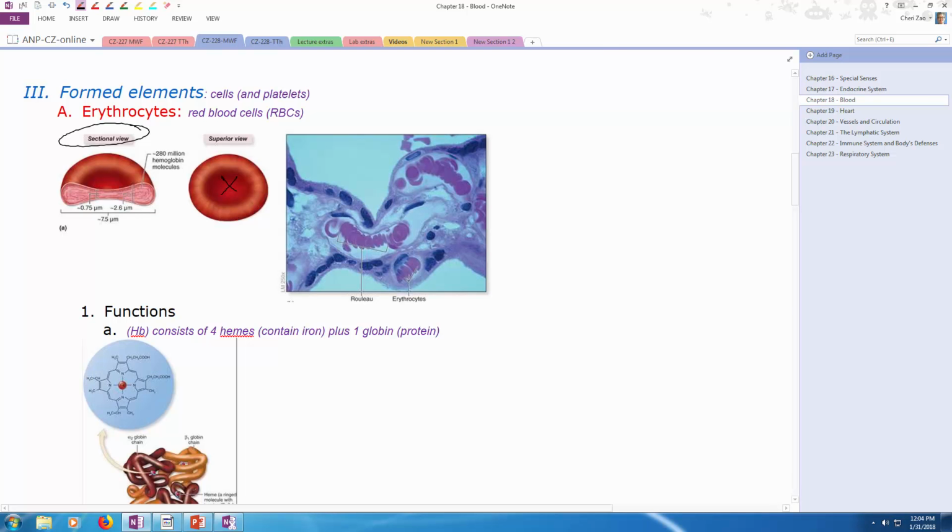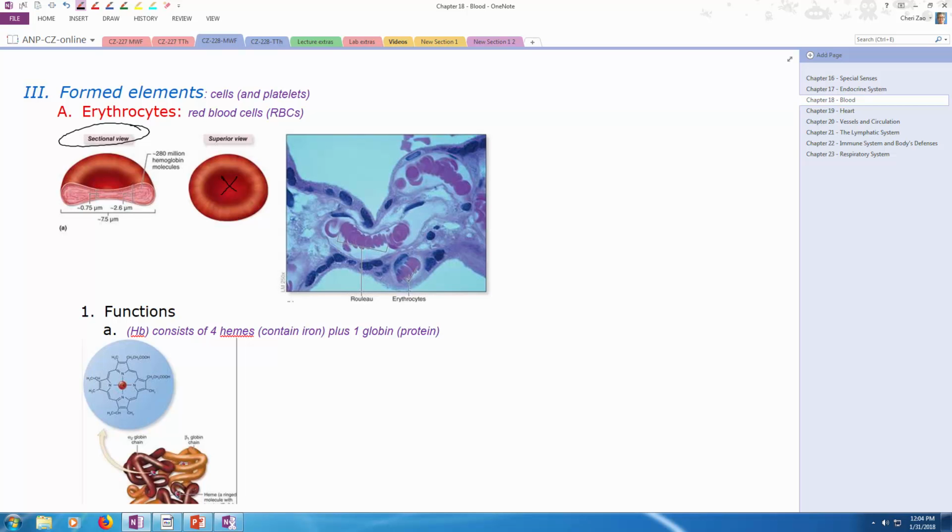One of the things to realize, the reason we have that flattened area or depression, you may want to call it that, in the middle of a red blood cell, is that's where its nucleus used to live. So red blood cells are anucleated, but everything is born with a nucleus.